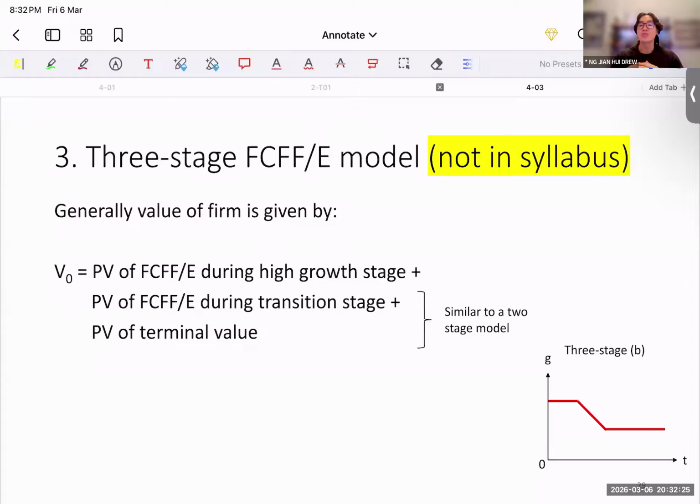So, to your question, this calculation can be used for the ECA. It's your choice whether you use the FCFE, FCFF, or maybe just use the DDM model to value a firm. So it's up to you.